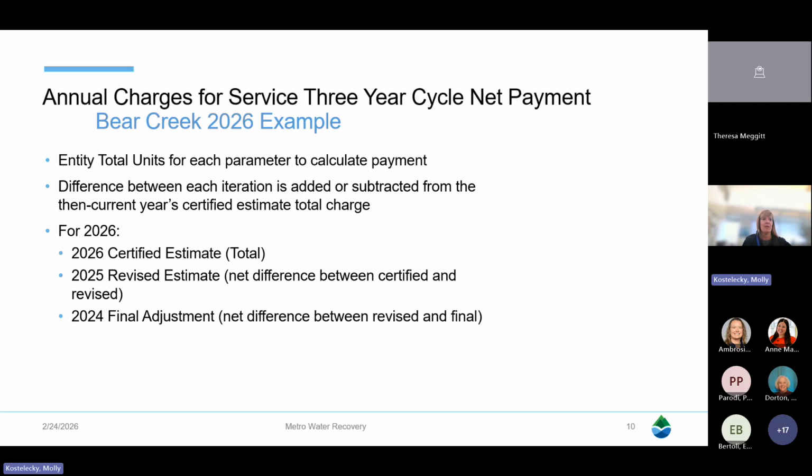So for 2026, we had the certified estimate from 26, we had the 25 revised estimate, and then we have the final adjustment from 2024. So each payment calculation had all of these components in it. Again, every connector is being charged the same unit price during every iteration. It just gets divided up a little bit differently depending upon the total number of units.